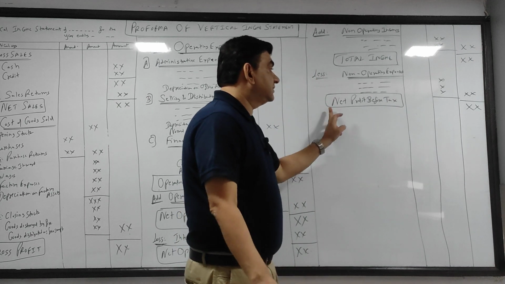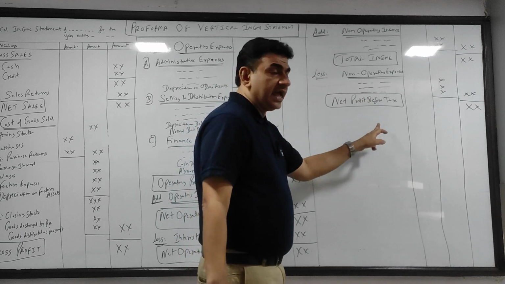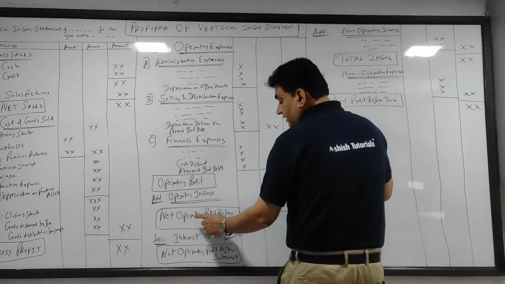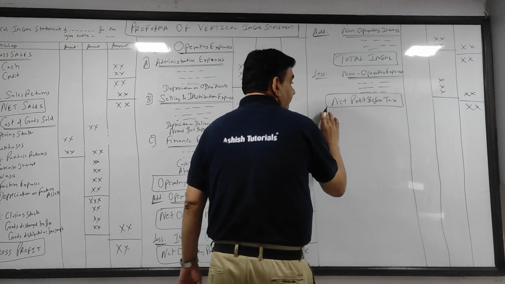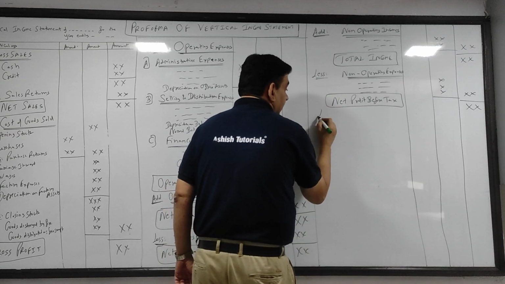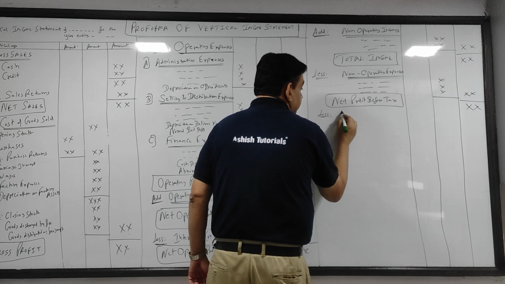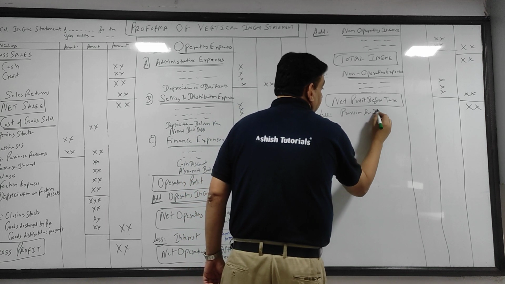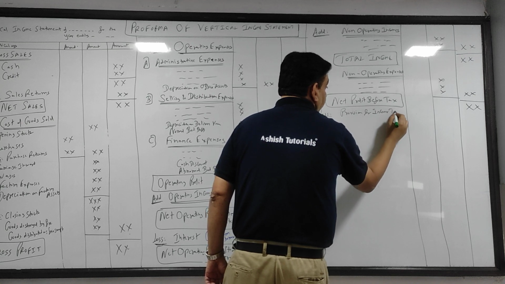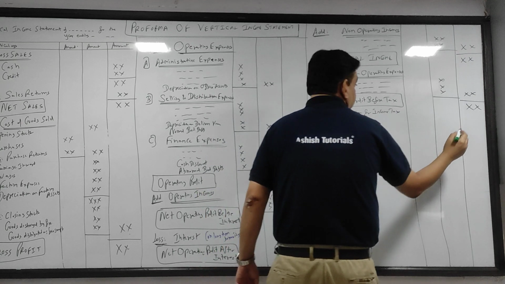Now, this is net profit before tax. इधर कैसे किया? Profit before interest, deduct interest, after interest. Same way, this is net profit before tax. From this, we will deduct income tax, or you call it provision for income tax.